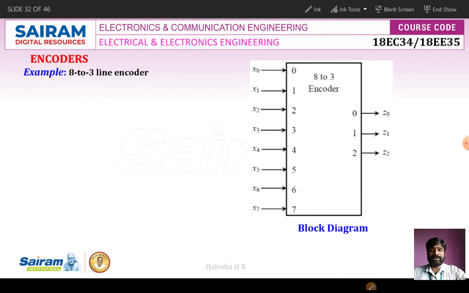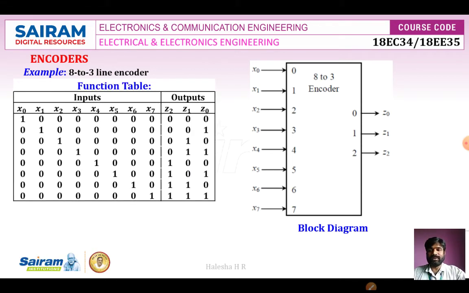Let's see the corresponding truth table, the function table. Inputs are x0 to x7. Outputs are Z2, Z1, Z0. Z0 is LSB, Z2 is MSB. We cannot say LSB and MSB on the input side. Either we can write x0, x1, x2 up to x7, or we can write x7 first, then x6, x5, x4, like that.